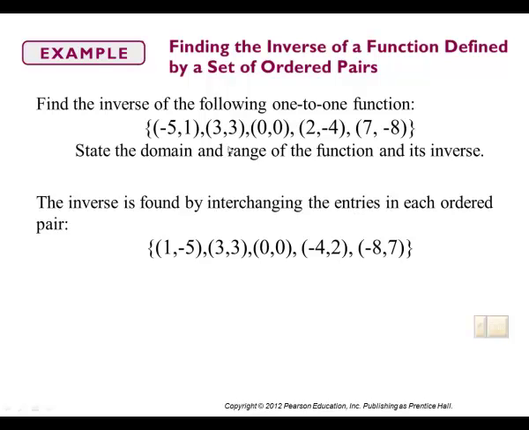Now for 3, 3, that's going to stay 3, 3 because they're the same, and 0, 0 is going to stay 0, 0. Here's our function, 2, -4. So the inverse, the x and y switch places, and the inverse will have -4, 2 for its coordinates. And here's 7, -8, the coordinates for our function. The inverse is going to be -8, 7.